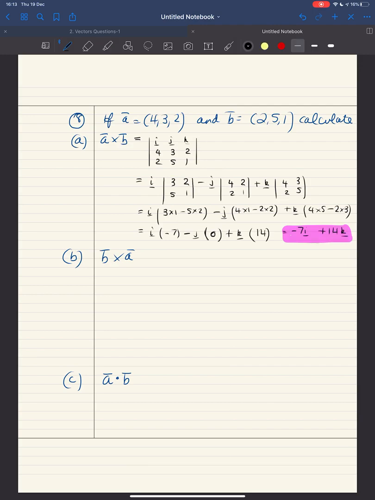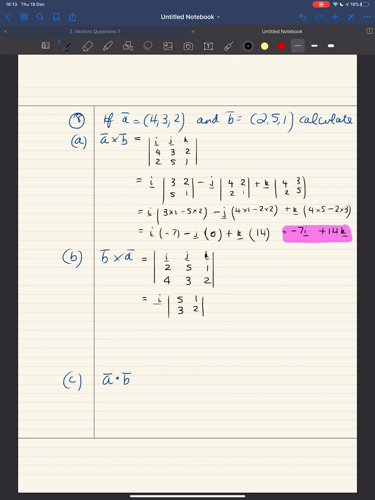B cross A. 2, 5, 1, 4, 3, 2, which equals i, 5 3, 1 2.